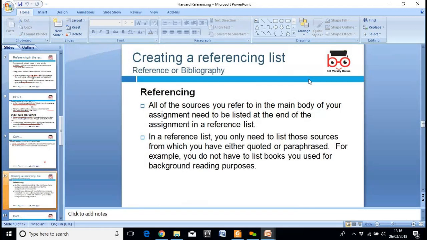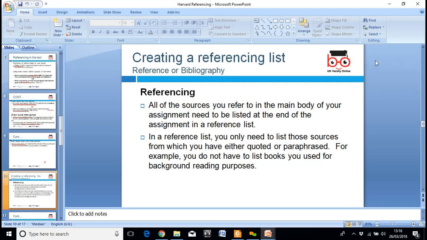There is a slight difference between creating a reference list and a bibliography. It will say on most of the qualifications that you are working towards that references need to be there. A bibliography is usually asked for if you're doing a dissertation for your degree or something of that nature, and that is everything that you have read when writing your piece, whether you've used it or not.